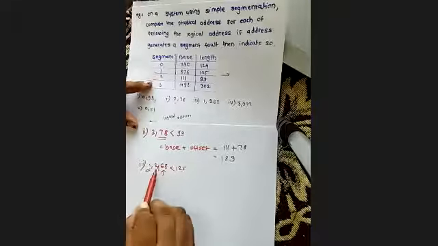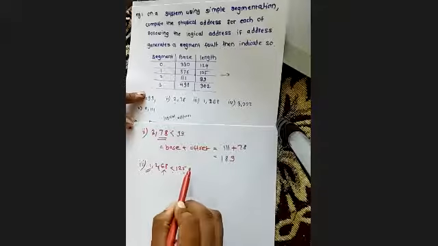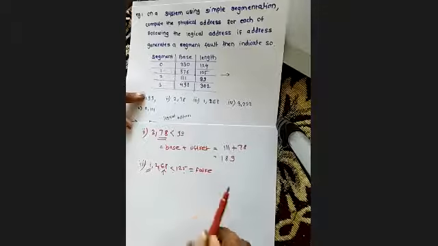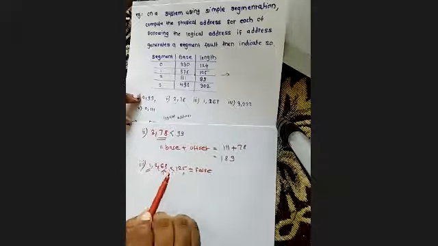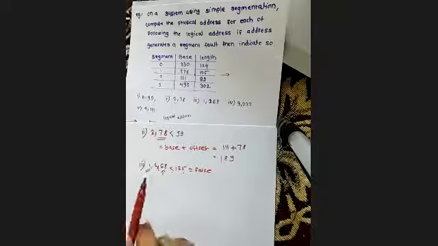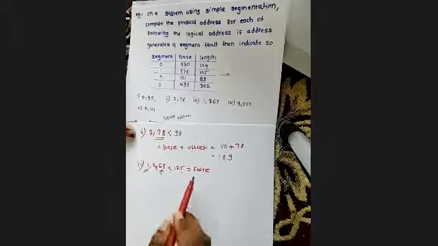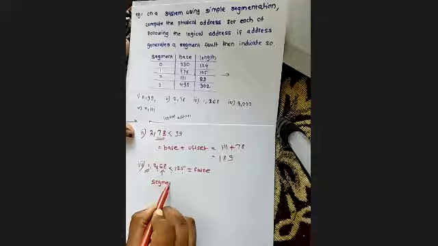So is 268 less than 125? The condition becomes false, right? So if it is false, that means we cannot convert this logical address to physical, and we cannot provide that particular segment to the CPU. So this condition is called a segment fault.